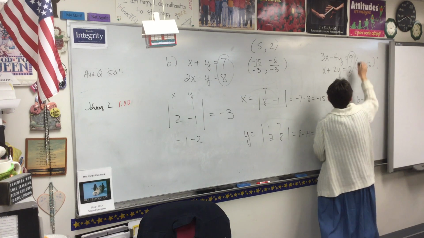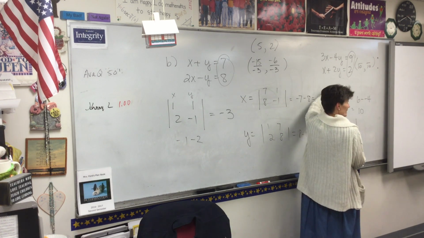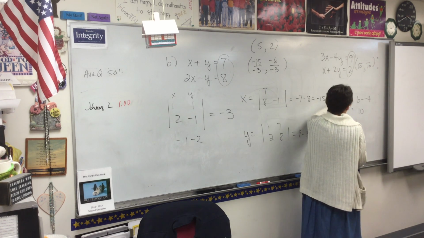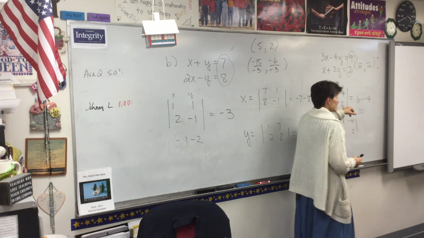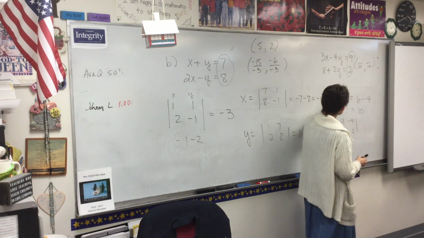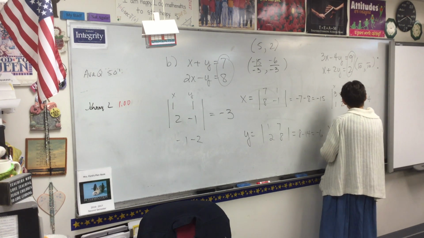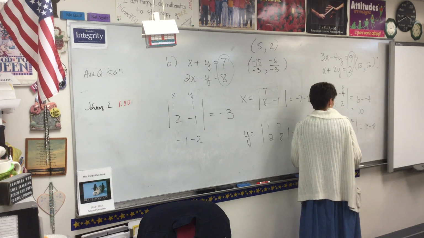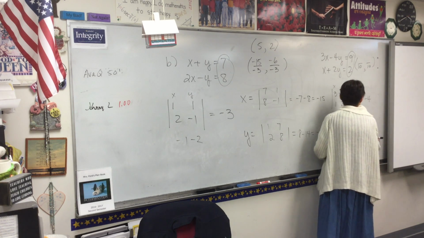The 9 and the 2, these guys over here, go in place of the x numbers. So I'm going to write 9 and 2, and then I still have my negative 4 and 2. Don't change the y's. We're just pasting 9 and 2 on top of the x's. So that gave me 18 minus negative 8. So I got 26.